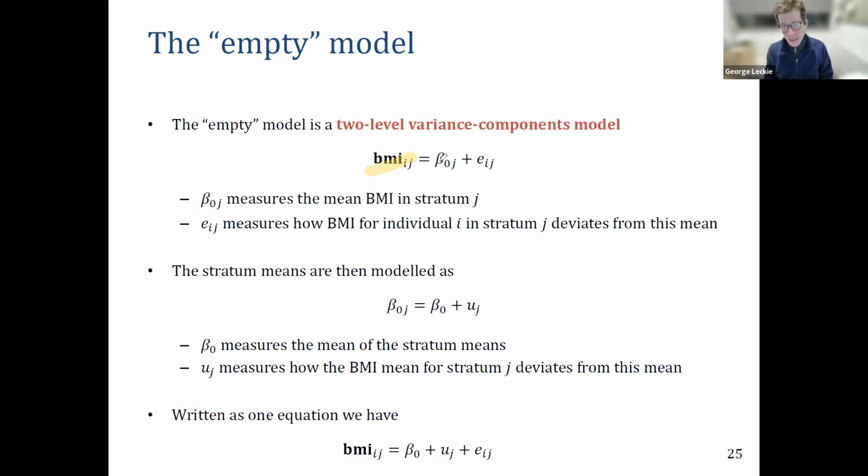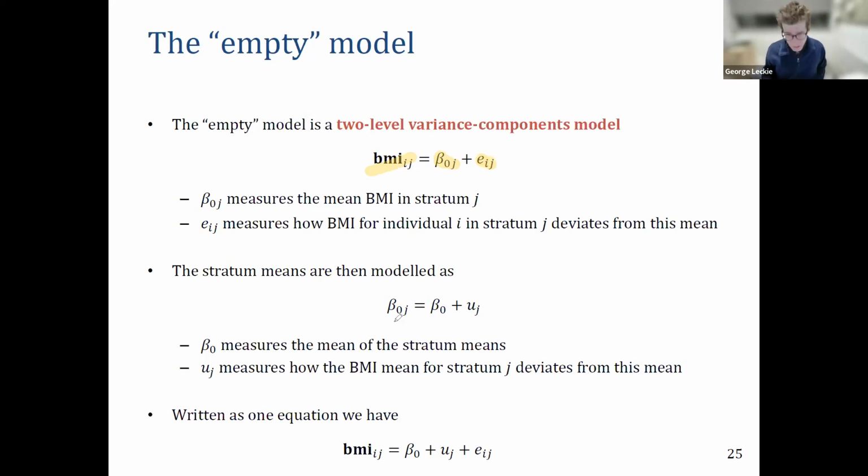This is going to equal beta 0j, which you can think of as the true stratum mean: the mean BMI score for people in stratum j in the population at large. That's the thing we want to make an inference about from the sample data. Of course, within that stratum, and in every stratum, there's a lot of diversity in BMI scores, and this is picked up by the e_ij residuals, how people deviate from their mean.